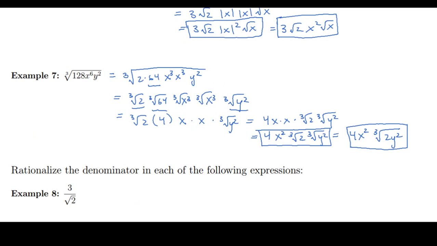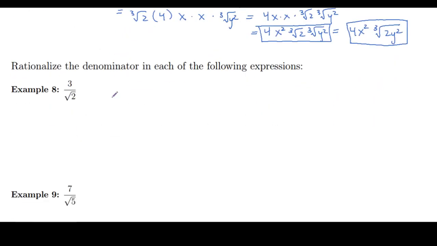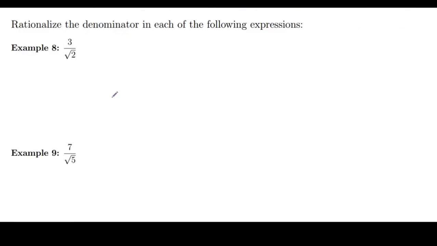So one other useful application of a lot of these properties is rationalizing. You know, a rational is a ratio of integers. So rationalizing the denominator, we want to make the denominator as nice as we can. We want to get rid of the roots that are down here.